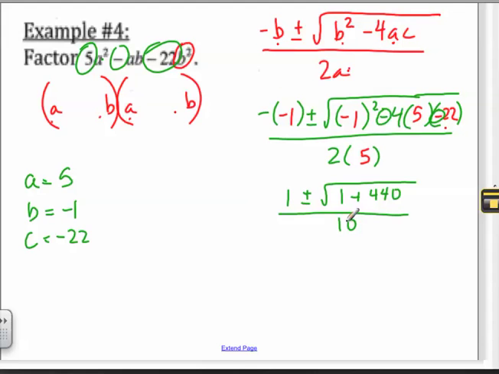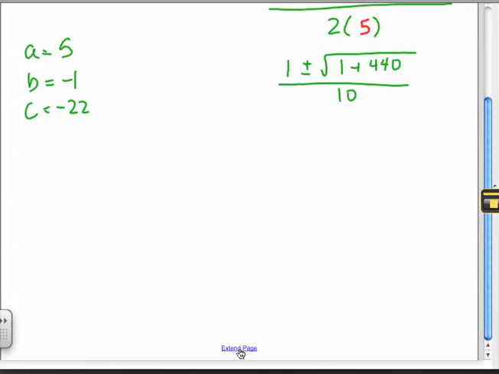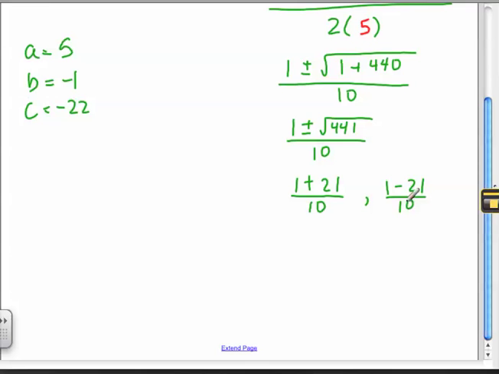Now you guys have calculators, so you can check that for me, but I think that's right. So it's 1 plus or minus the square root of 441 all over 10. If I'm not mistaken, I don't have a calculator with me, but the square root of 441 I think is 21. So it's going to be 1 plus 21 over 10 and 1 minus 21 over 10.